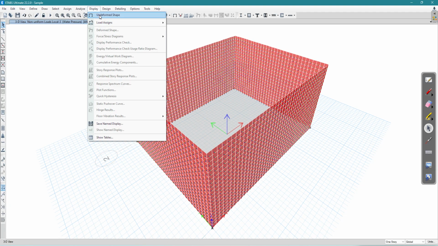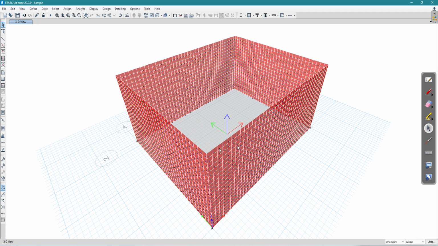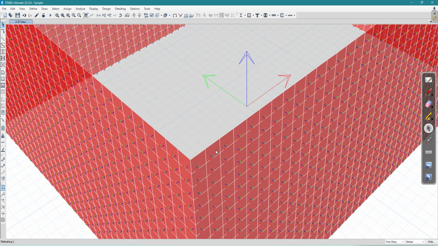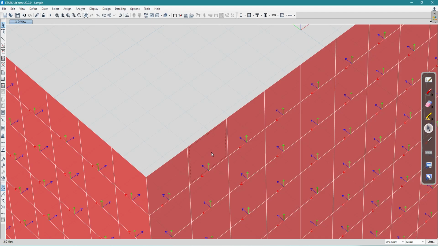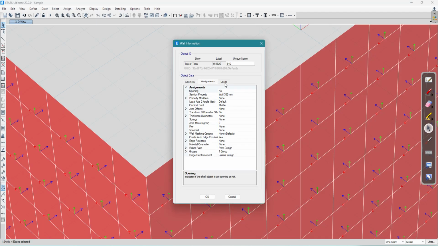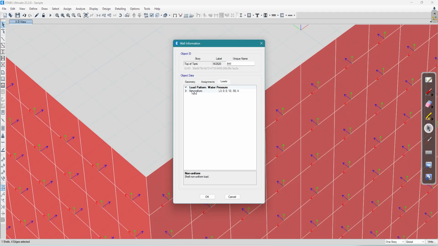So go to display undeformed shape. If you click on any shell object with the mouse right button, in case of load, see here, you have the load pattern, the direction is local 3, and it is applied as non-uniform.